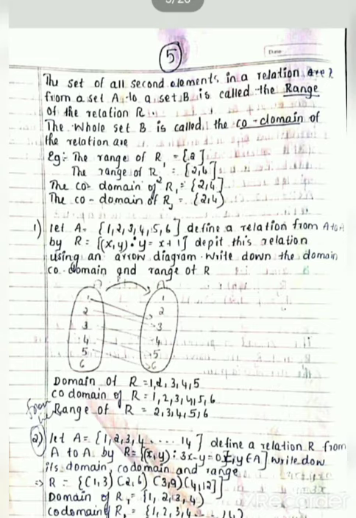First, let us write the relation. How is the relation defined? The set of all ordered pairs (x, y) such that 3x minus y is equal to 0.